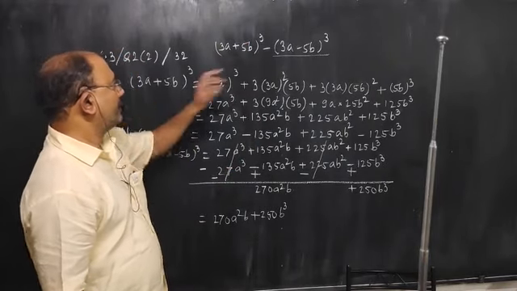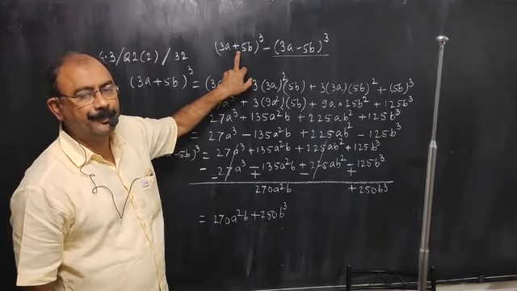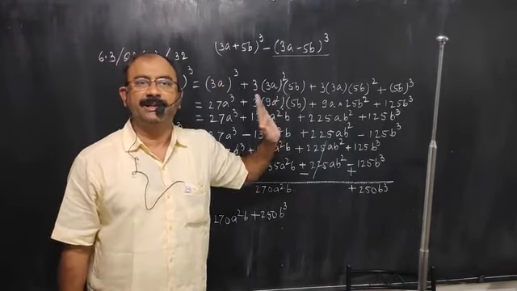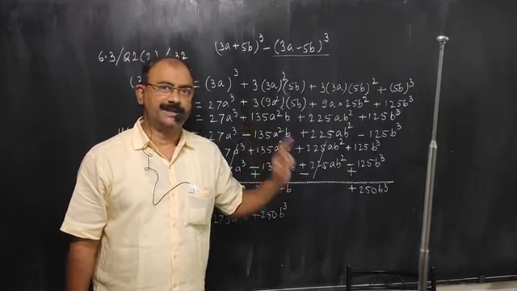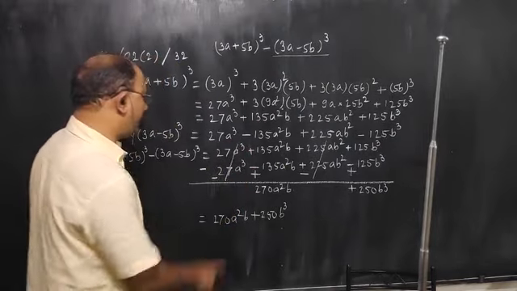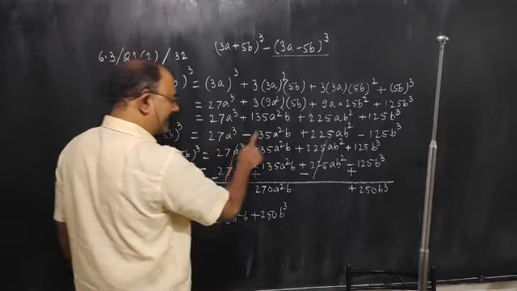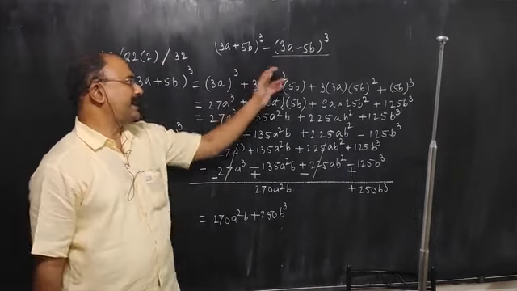Whatever calculations you have done for the first bracket, only change the signs. And how to change the sign? Always first positive, second negative, then positive, then negative. That is the expansion of the second bracket.